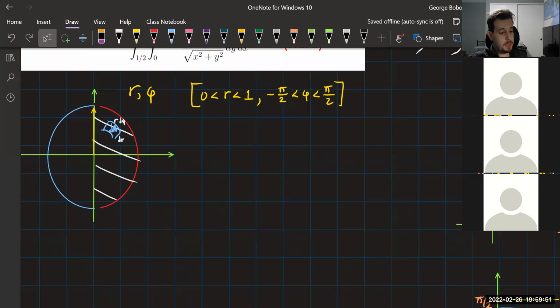Okay, so you have the integral now written in a third way. As you can see, it doesn't matter the order that we do it now because there's no variables in the bounds, but I'm going to do the R first and then the phi. So that's going to be dr d phi.